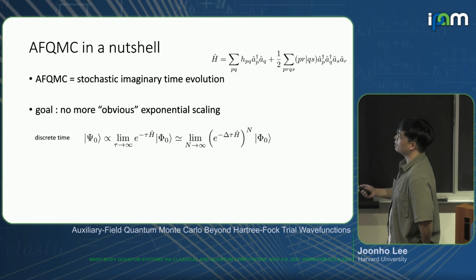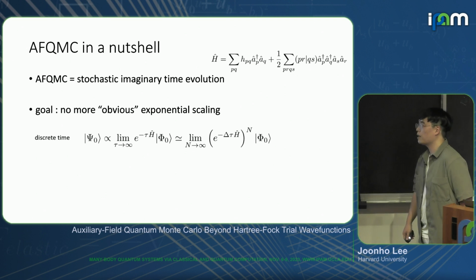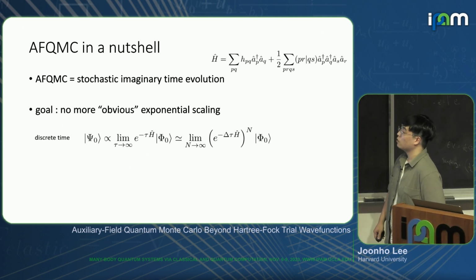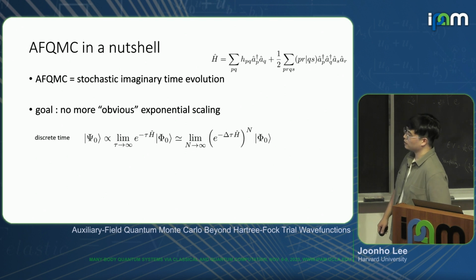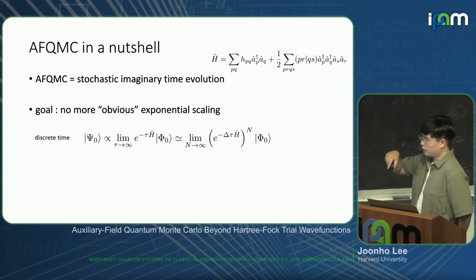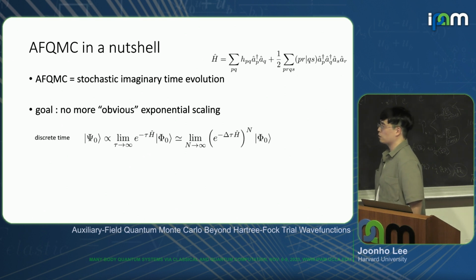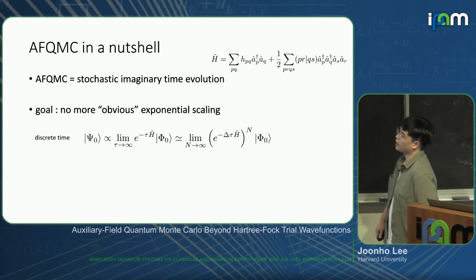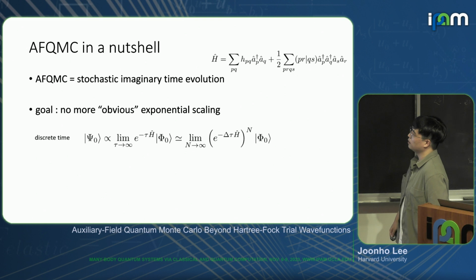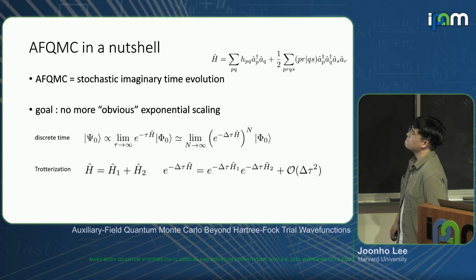So I have a discrete infinitesimal propagator in imaginary time, e to the minus delta tau h. Delta tau is a very, very small number. Depending on the application, you can use a larger number. We typically use 0.005. That seems to work for any systems we've looked at in chemistry and material science so far.